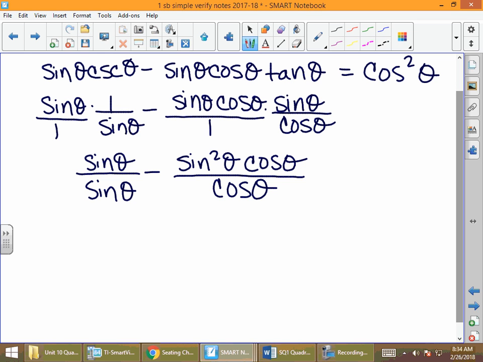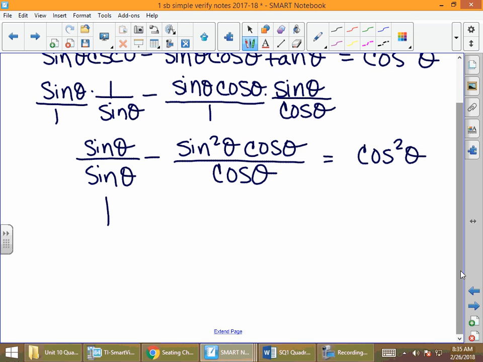And eventually what we're trying to do is turn this into just cosine squared theta. Well, sine divided by sine is 1. And when we look at our second term here, do we have anything exactly the same on the top and on the bottom? Got a cosine.